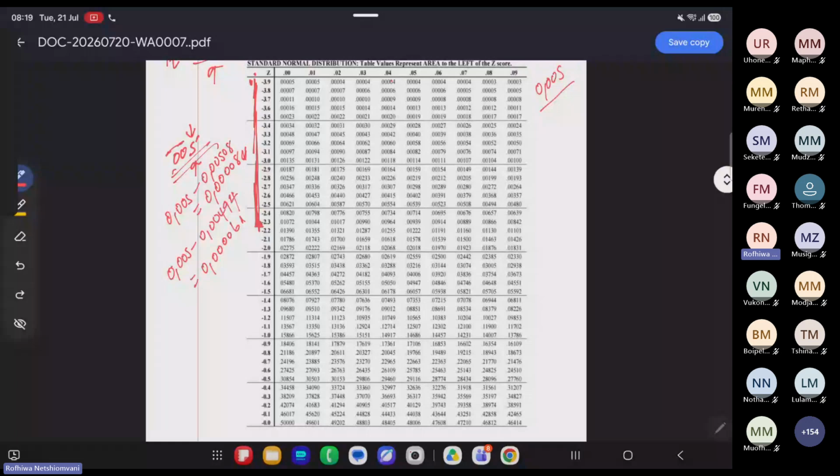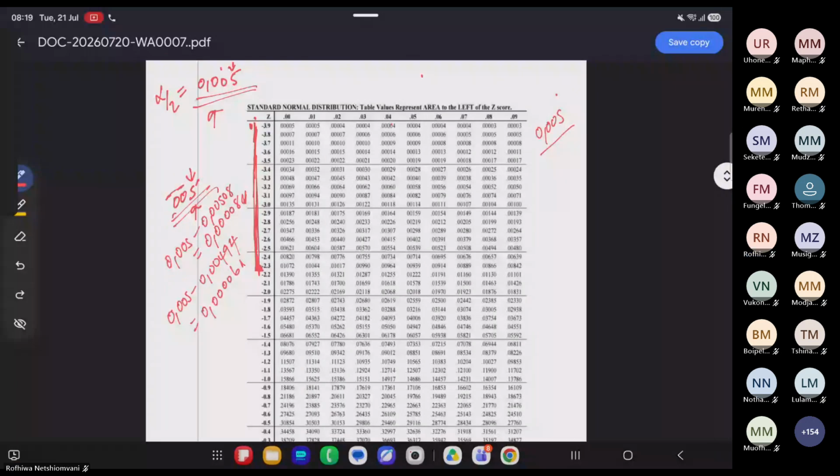Now, after the 2 zeros, what are we looking for? We are looking for 5. So I want a row with 2 zeros and then a 5. The lady said that can only be seen in 2.5. You have to agree with that. Only in 2.5, where after the 2 zeros we have a 5.